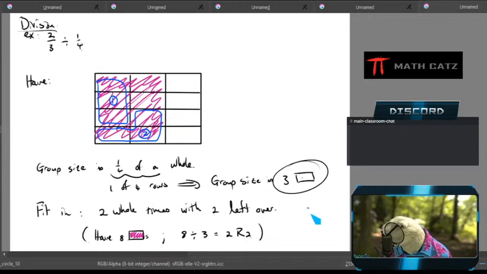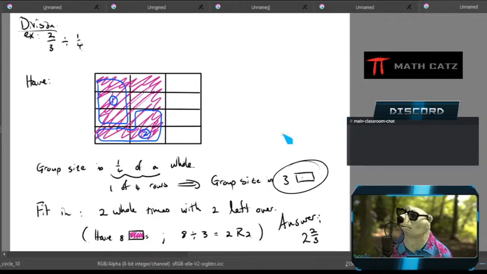So I know my answer. I'm just going to put it up here in the corner. My answer is going to be 2 whole times, excuse me, I get all choked up about division. 2 whole times I can fit it in with 2 of the 3 that I need left over.